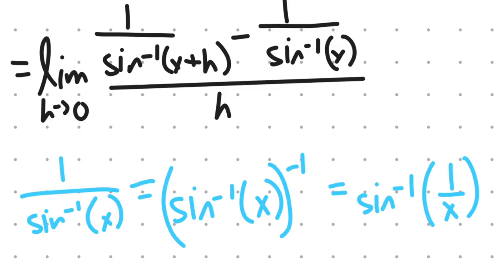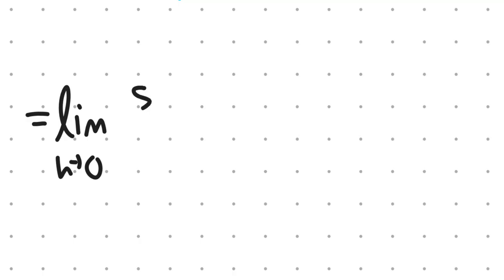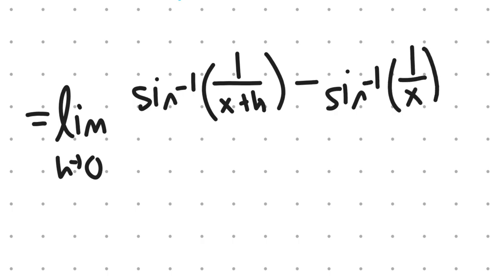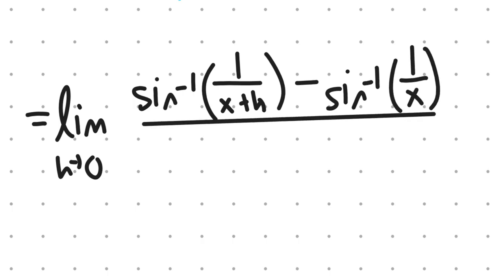So now we can use this property to plug all of this into our limit. So it will be the limit as h approaches 0 of inverse sine of 1 over x plus h minus inverse sine of 1 over x, and then all over h.